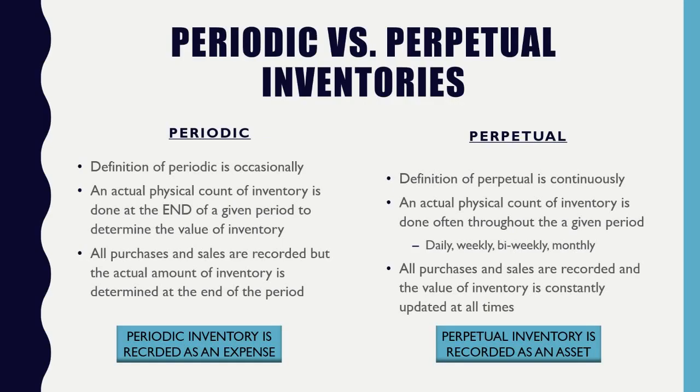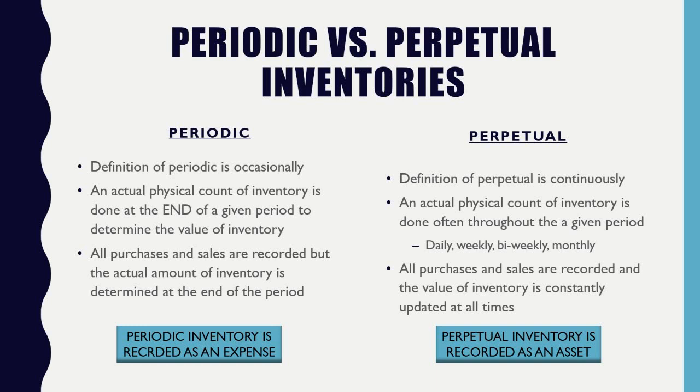Now let's talk about inventory tracking methods. For Chapter 5 and Chapter 6, we are looking at periodic inventory. Chapters 7 and 8, which come after the exam, will cover perpetual inventory. However, you should know at least the ideas: there are two ways that you can keep track of inventory.